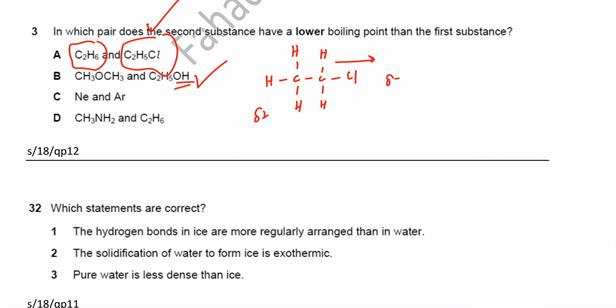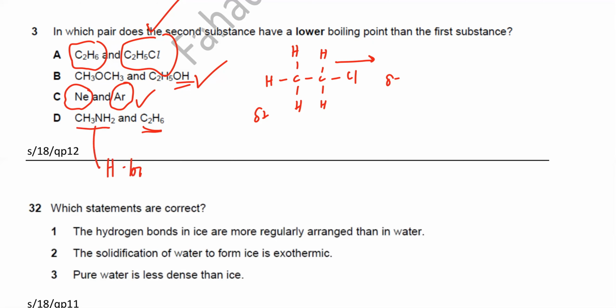Now neon and argon are atoms, so they're not bonded to anything, so they'll just have van der Waals forces. Remember, van der Waals forces are always present. The electrons are just randomly sometimes moving to the right, sometimes moving to the left. So a bigger atom is going to have more van der Waals forces. This one also has van der Waals forces, but this one, when N and H are bonded, that's hydrogen bonding.